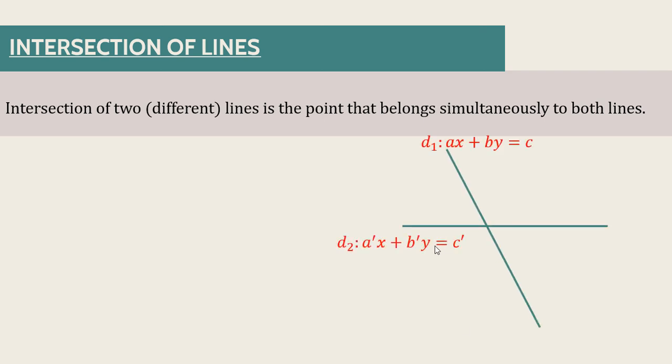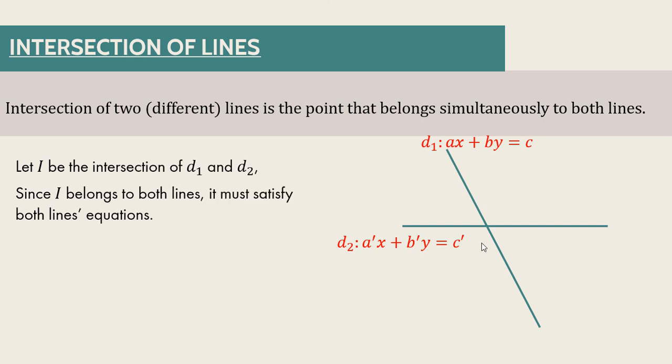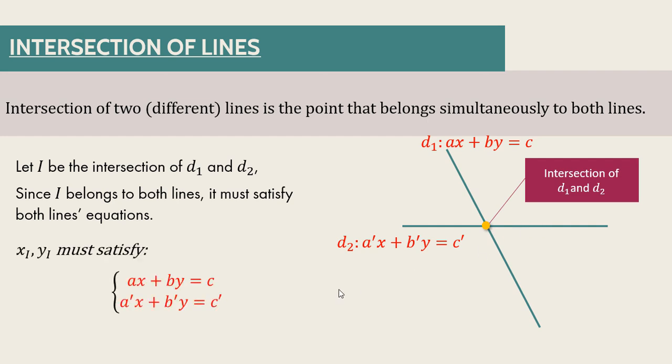We have D1 and D2, so the intersection I should be in this position. And because I belongs to both lines, it must satisfy both equations: ax plus by equals c and a prime x plus b prime y equals c prime.